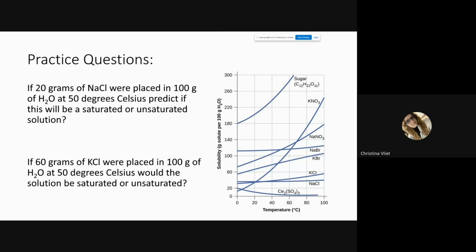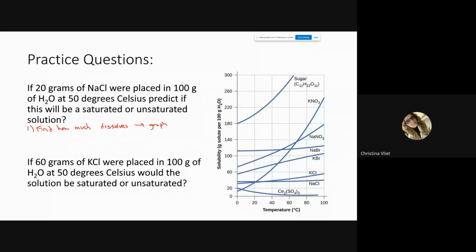What do you think we should do first? Let's think about what our thought process is here. What should we do first? We should always find how much salt. Okay. We're going to find that from the graph.